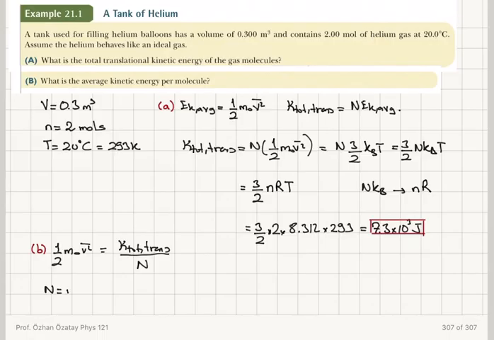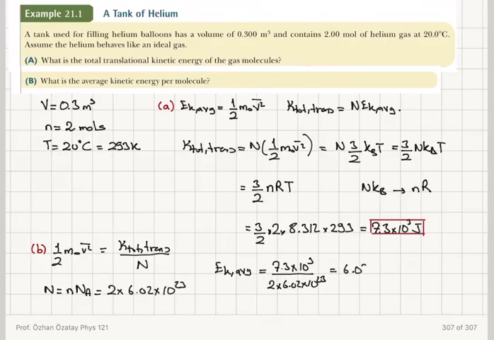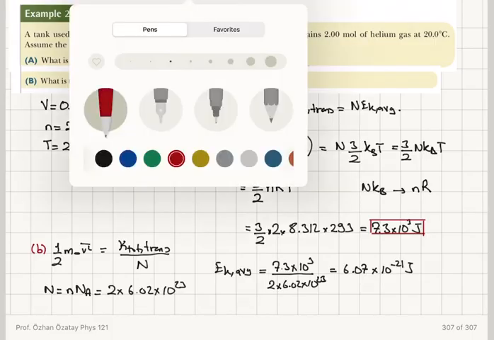I have 2 moles times Avogadro's number, so it's 2 times 6.02 times 10 to the 23 molecules. So therefore, I find the average kinetic energy per molecule to be 7.3 times 10 to the 3 joules divided by 2 times 6.02 times 10 to the 23. So this will be 6.07 times 10 to the minus 21 joules.